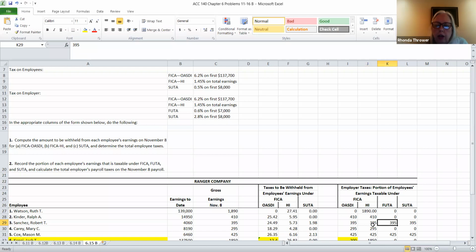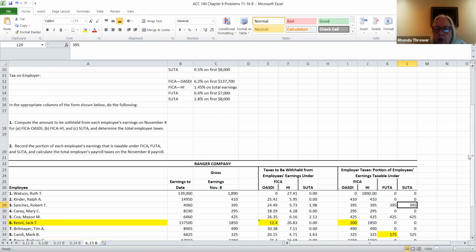And for FUTA, this time the employee has not gone over the base of 7,000, so the employer owes FUTA taxes on $395. The employer also owes SUTA taxes on the $395 because the employee did not go over the base of 8,000. And so you do all of these very similarly.